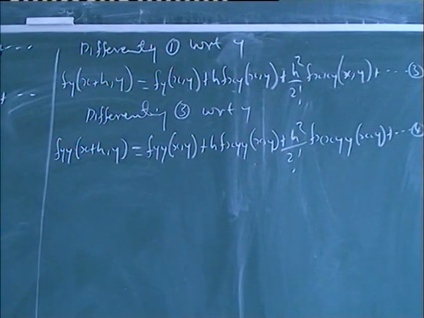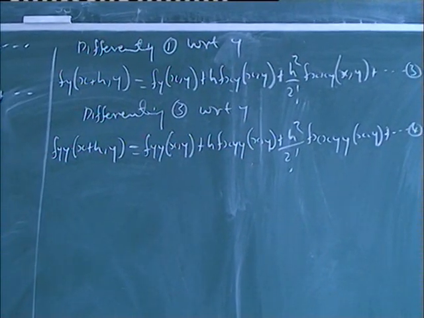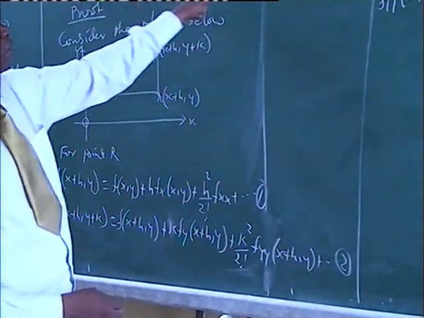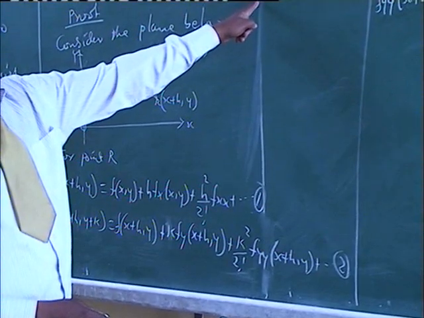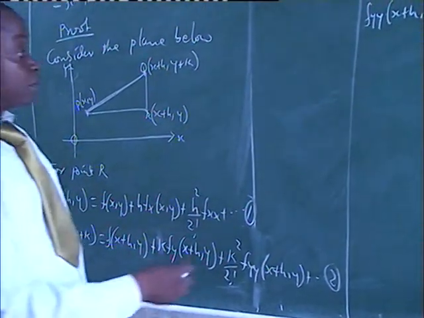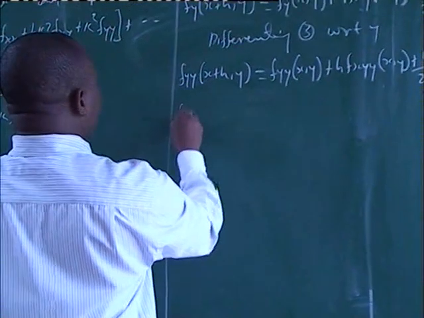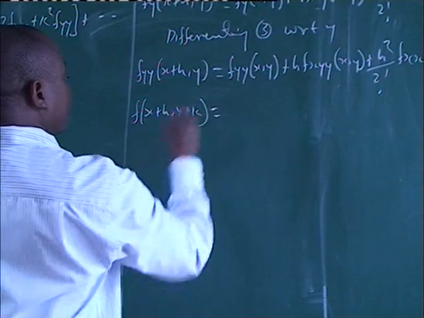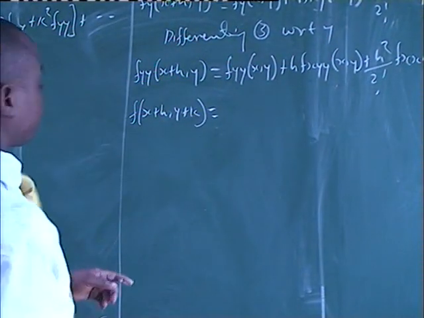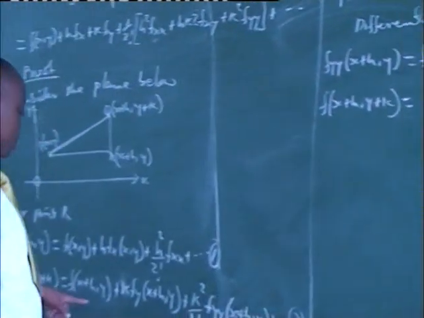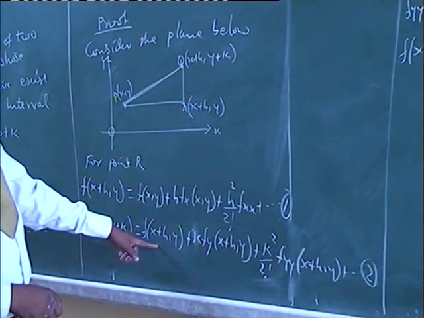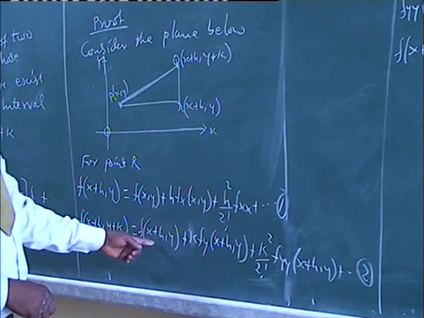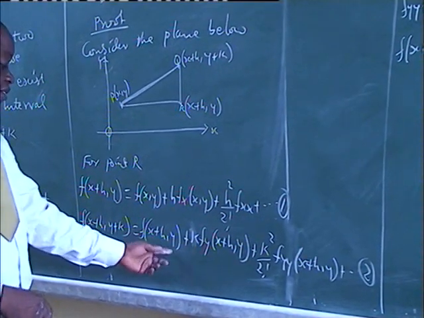Now going back to 2, let's come back to 2 because we want to see whether 2 can give us what we want to express. If we go back to 2, we see that f of x plus h, y plus k will be equal to, see what this one said: f of x plus h and y is constant.